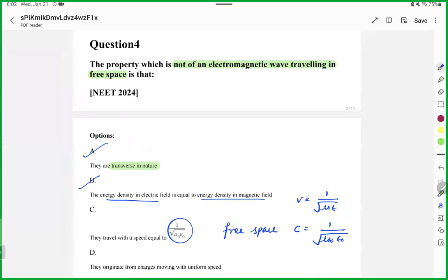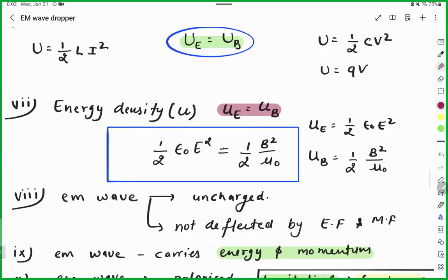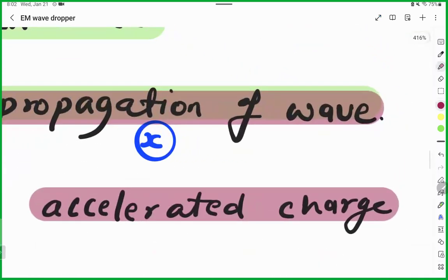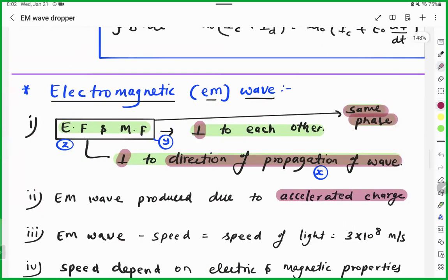So they originate from a charge moving with uniform speed. Is this correct? No, sir. Then what is the right answer? It need not be uniform speed. They are produced due to an accelerated charge, and in an accelerated charge you don't have uniform speed.